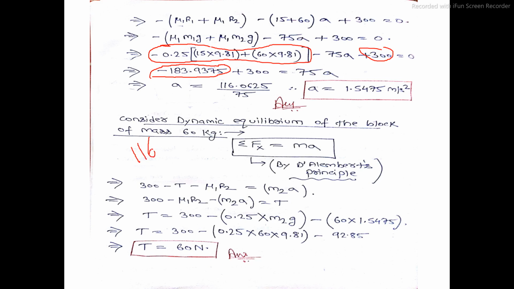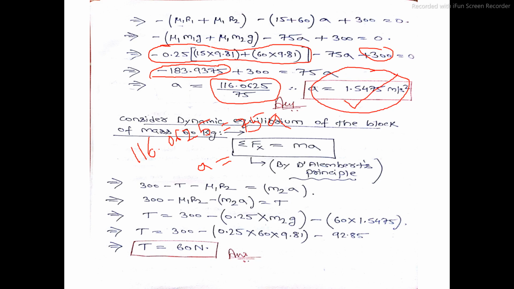It is 116.0625. So this will be equal to 75a, or acceleration a is equal to how much? It is equal to 116.0625 upon 75. If you solve it, you will get acceleration a is equal to 1.5475 meter per second square.